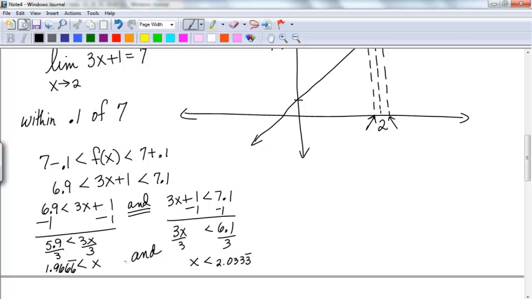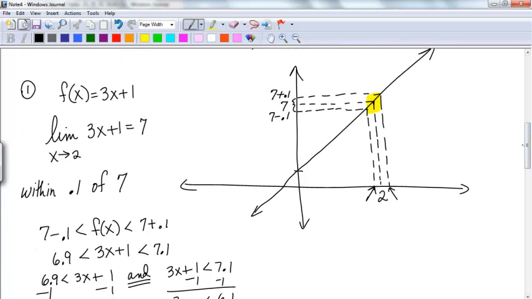Now, you have to look at how you round. If I round 1.9666 to 1.967, I would be on the right side of that, right? If I'm on the right side, does that put that y value inside there? Yes. So this would be okay to be 1.967. The other one was 2.0333.